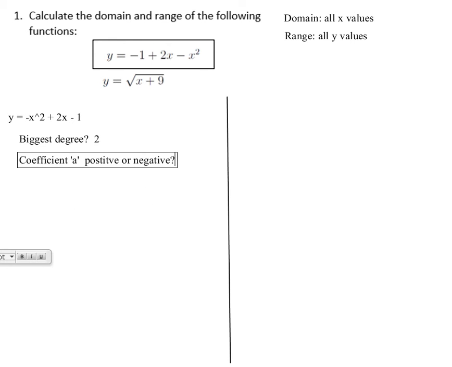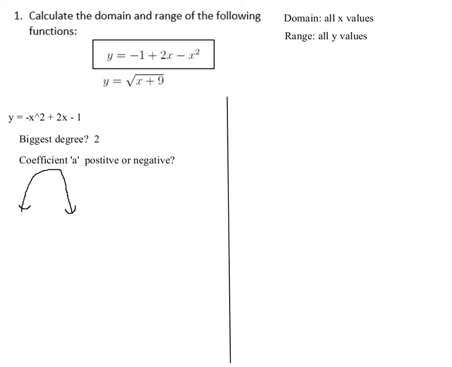Now, because A is negative, we know it's going to be a curve like that. And I'll put in two really terrible arrows showing that they go on.